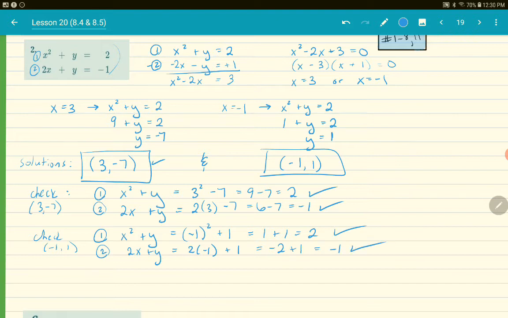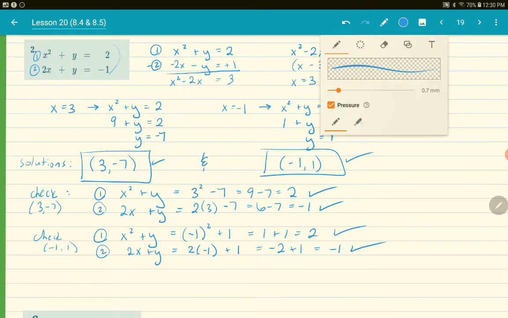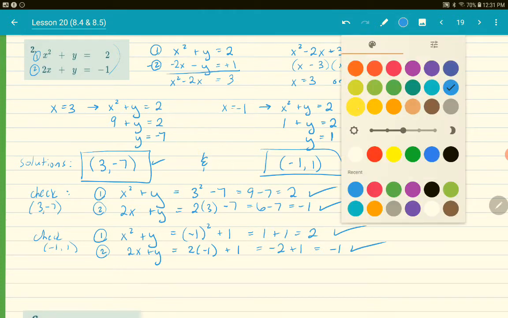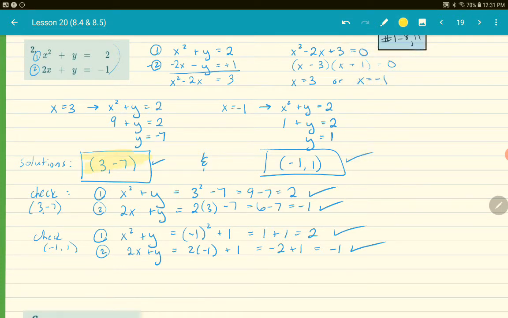Also check. So now I say that both those solutions are valid for this problem. So that one has 2 solutions. So remember, with a parabola and a line there are different options. One of those options was to have 2 solutions.